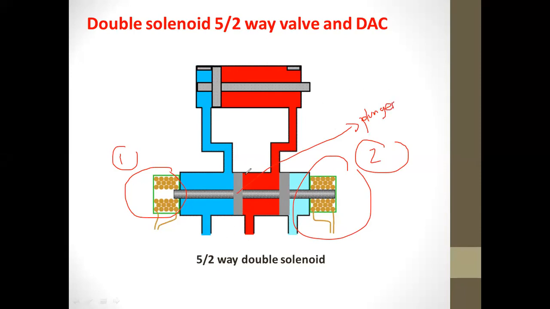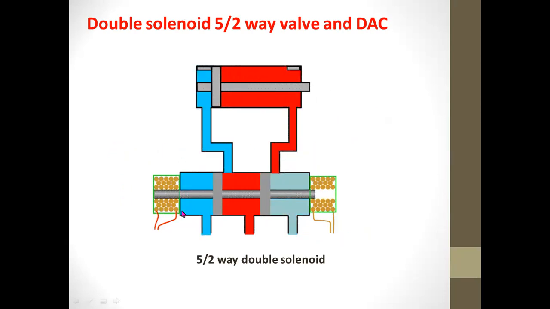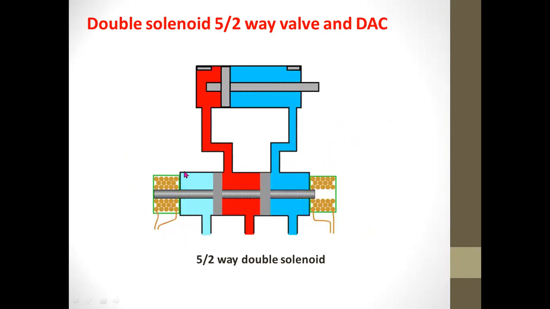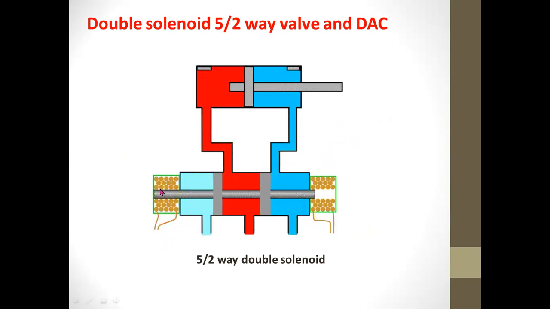Okay, so let's take a look at how the double coil, the double solenoid 5-2-way valve works. Assuming that we energize the coil, let's say we energize this coil first, the one that is located at the left.